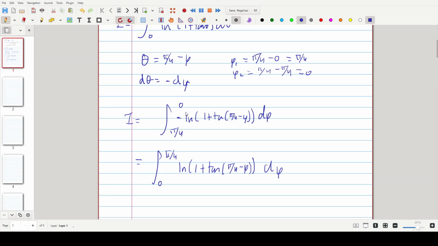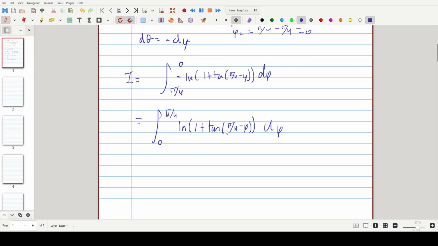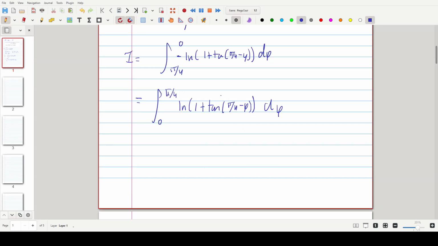d phi. Now we're going to use the addition formula for tan on this. So recall that tan(a minus b) is going to be (tan a minus tan b) over (1 plus tan a tan b). And recall that tan pi over 4 is just 1.